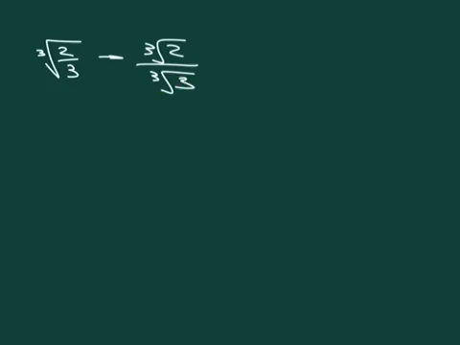Remember earlier, I said that I need to reduce this to the point where I multiply the top and bottom by something that when I multiply this times this, I get something like this. That's what I have to get. Remember I said you have to have your index and your exponents the same so that these go away. So I'm trying to get rid of the radical sign. So I need to multiply this times something in order to get this to be a cubed. Well, how do I get this to be a cubed?